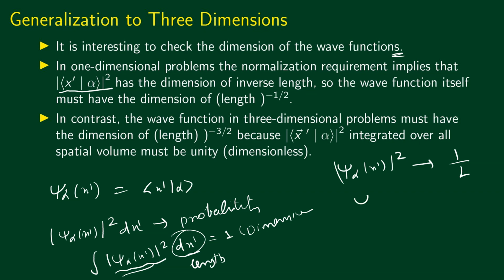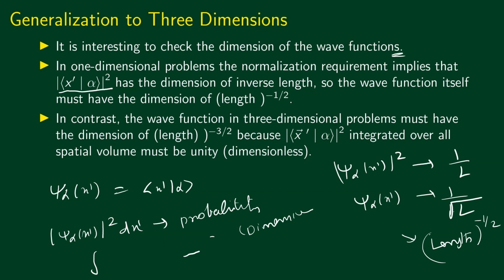This means that psi alpha of x prime should have the dimensions of 1 by square root of L, or length raised to a power of minus 1 by 2. So this is the dimension of the wave function in one dimension.